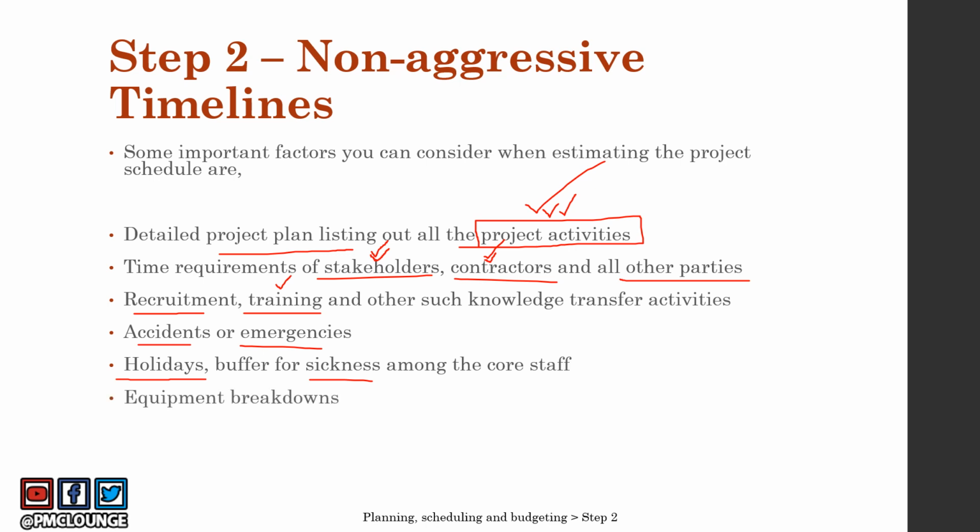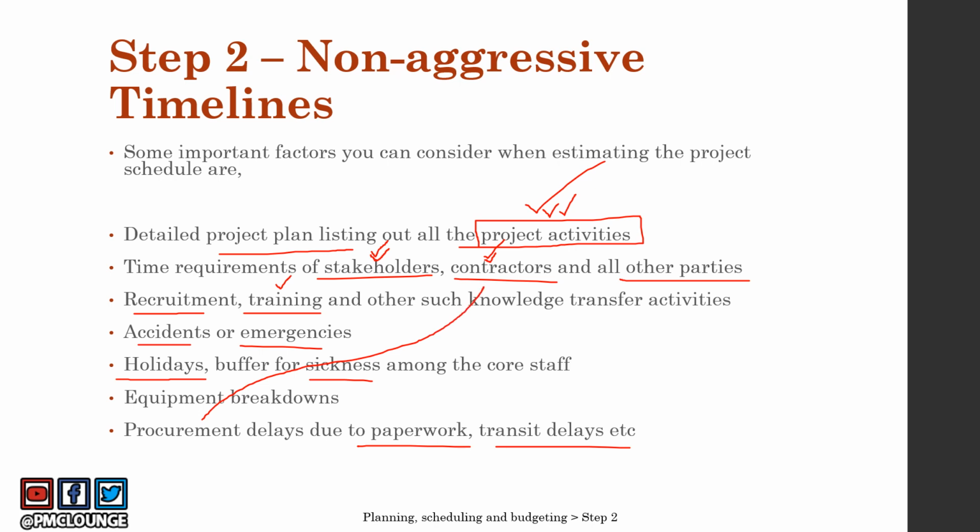Equipment breakdowns, always the case. It can always happen in any project, right? And most likely it happens in all projects all the time. Procurement delays due to paperwork, transit delays, right? So we talked about how you need to speak to your contractors if you want to procure something.